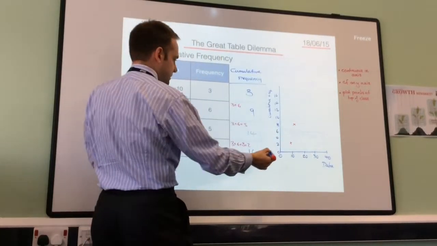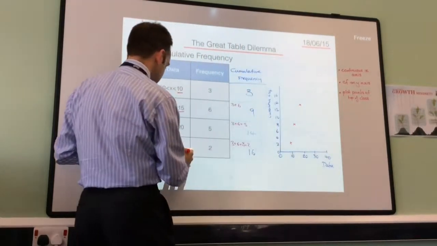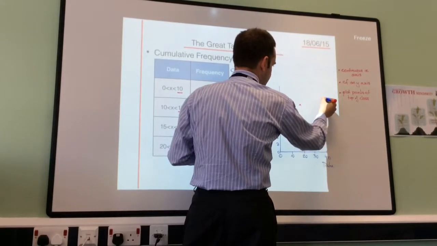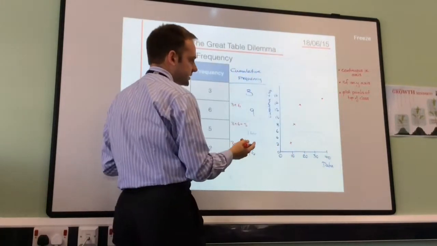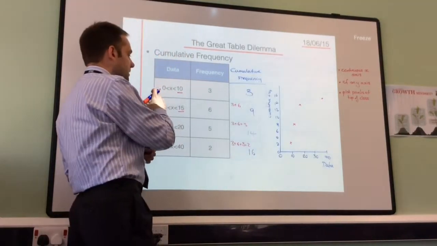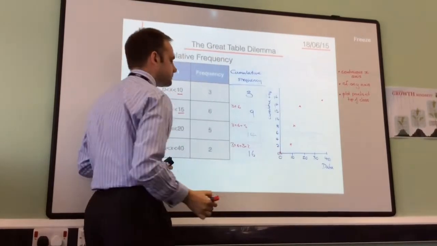The top end, 20 and 14, and the top end 40 and 16. And if you do these correctly, they are almost always going to turn into a nice S shape. Because there are no people younger than 0, we can also put an extra point at 0, 0.